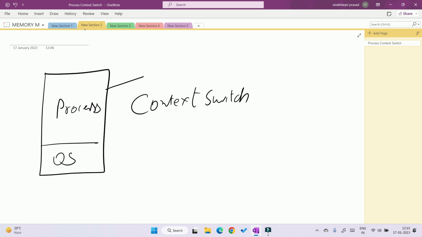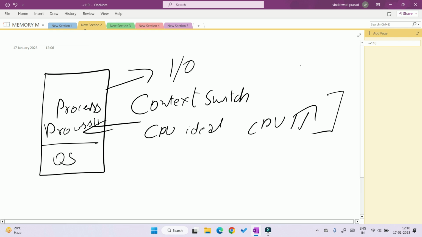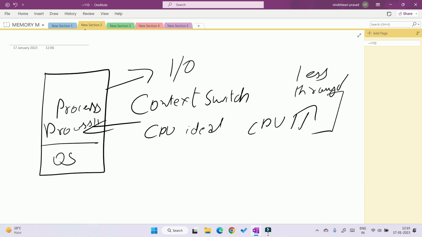Context switching happens when a process goes for an IO operation, and a new process comes and switches this process. So the CPU cannot be idle. CPU utilization increases, and more processes get completed in less time. So throughput increases. I hope you know what throughput is.